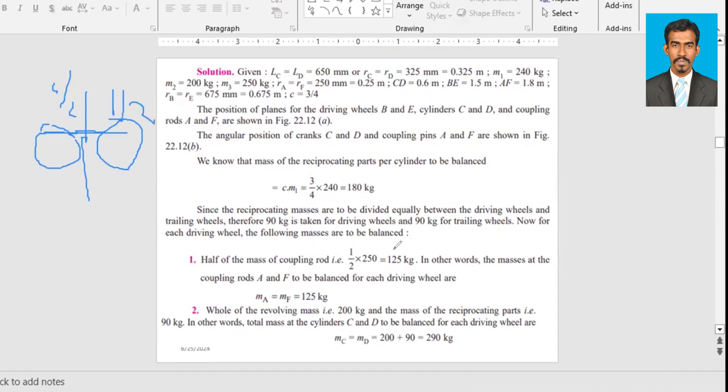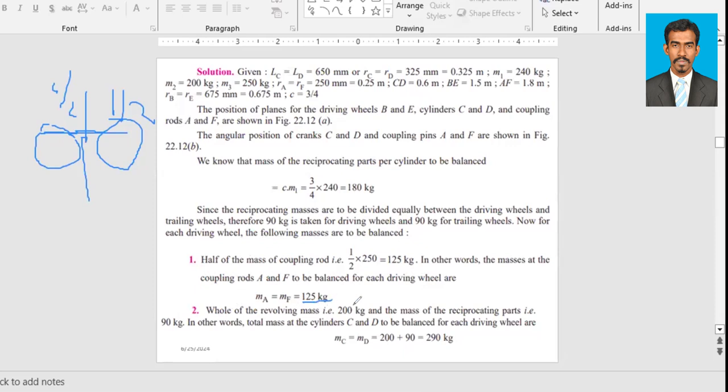So only half of the coupling rod will be balanced by the driving wheel. In other words, the masses at the coupling rod A and F to be balanced for each driving wheel are 125 kilogram. So for each driving wheel, only 125 kilogram needs to be balanced. This is related to the coupling rod.